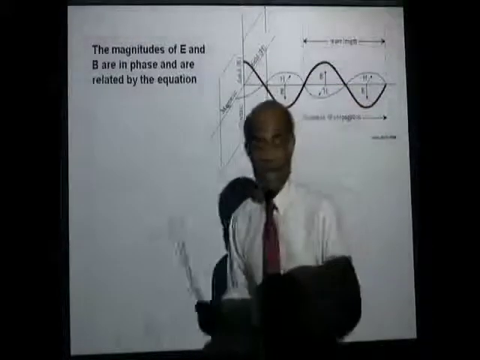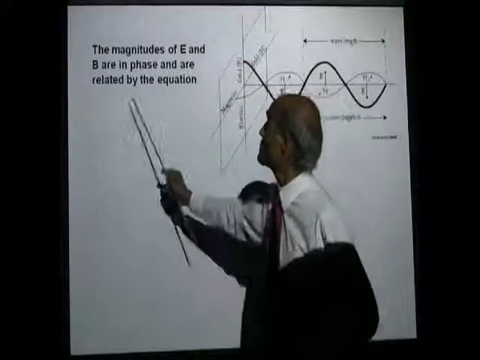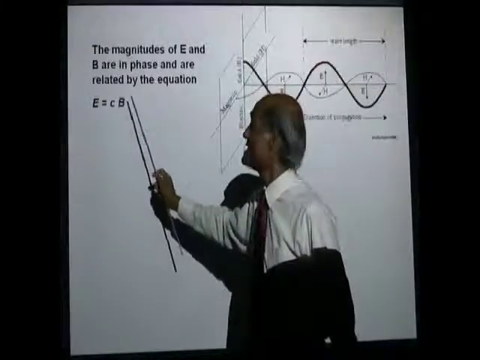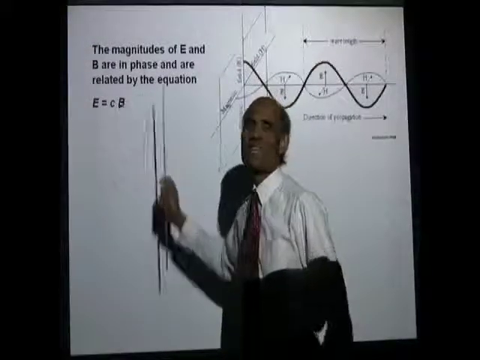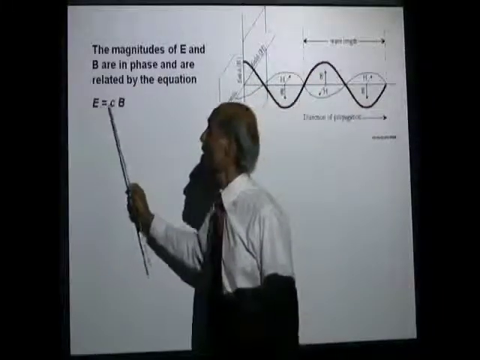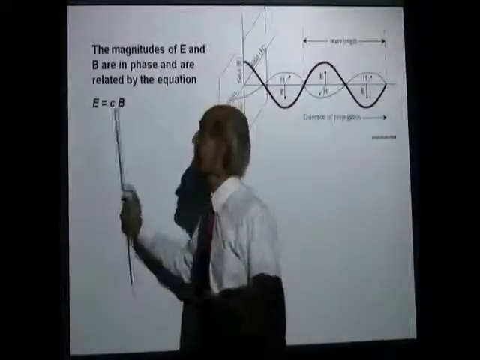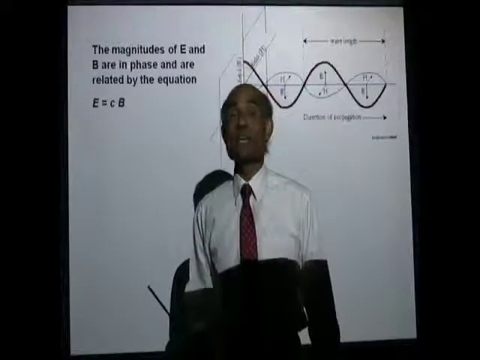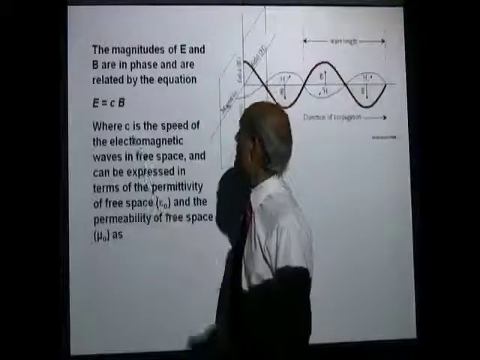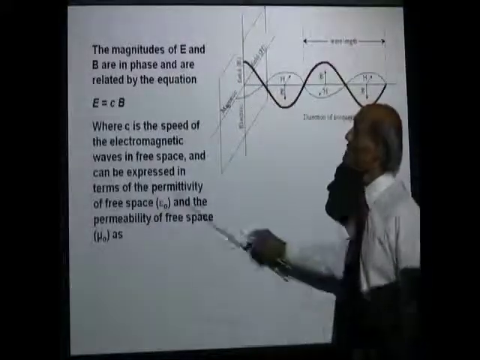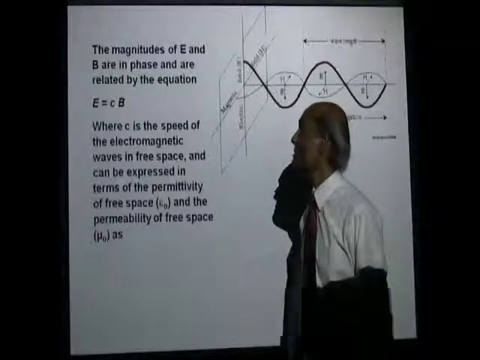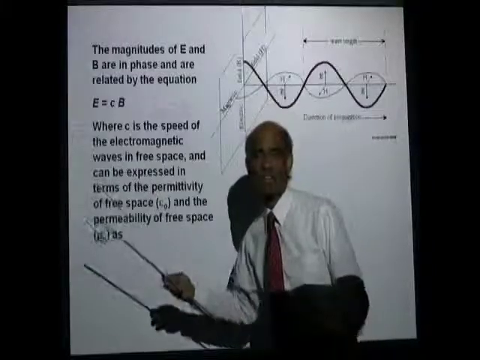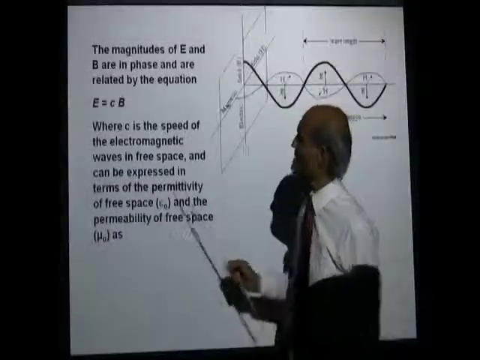So the electric and magnetic fields are in phase, and look at the equation that they are related by. They are related by E equal to cB, where c is the speed of electromagnetic waves in free space, and can be expressed in terms of, now I want you to pay attention to this and appreciate this very important and interesting concept.